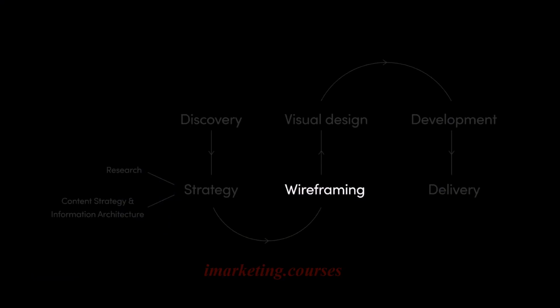After we get approval on that, we go through the visual design, where we actually make everything pretty, right? We choose the right fonts, we choose the right colors, we find great imagery, and we make sure that everything looks great, but also helps us achieve the strategic missions and goals that we have defined for the website.